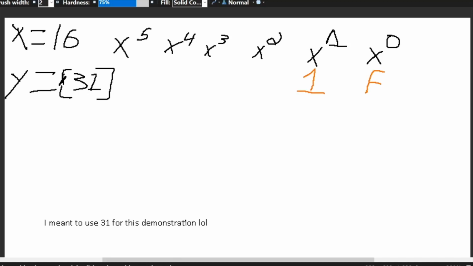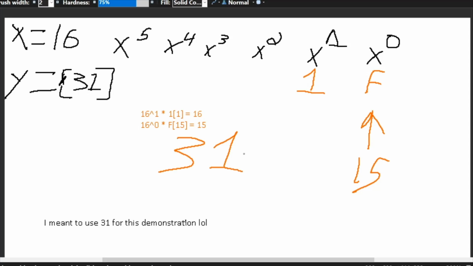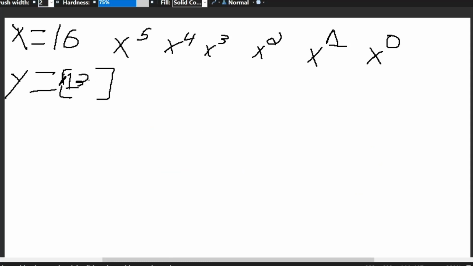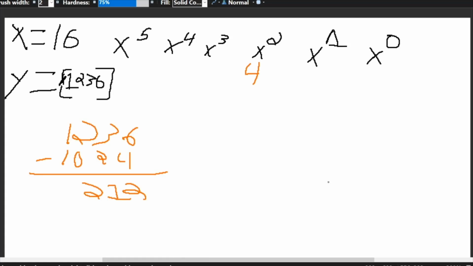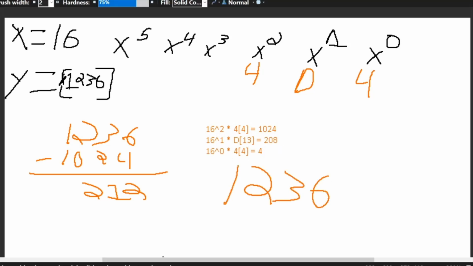Now, you'll notice that this f right here is just another way to represent the quantity of 15. It is how the base 16 number system represents the quantity of 15, and it just happens to use the letter f. And lastly, we plug in the number 1236 into our diagram, we break it down, and here's how it looks. Pretty cool, right?